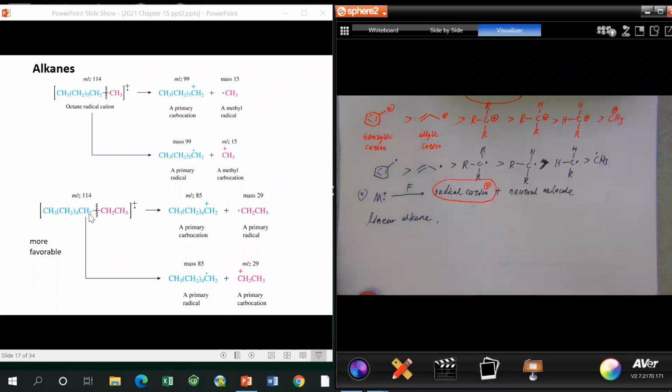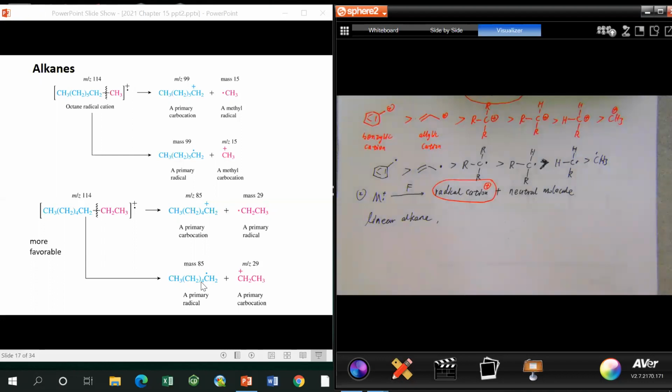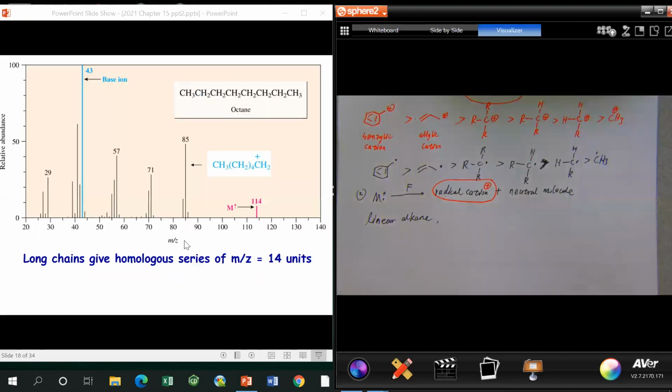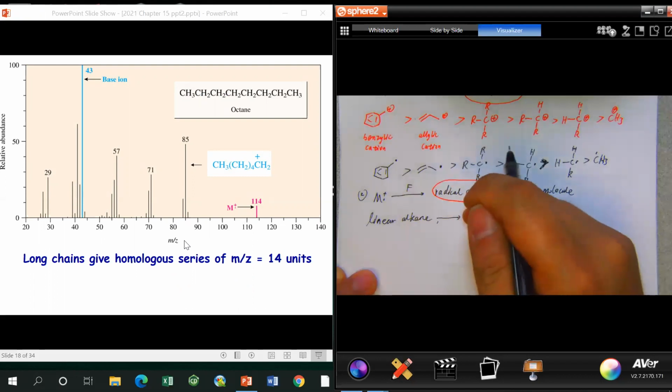But if you break the bond in the middle of the carbon chain, you can generate a relatively stable primary carbon cation and also a primary radical. So primary is more stable than the methyl carbon cation and also the radical. And so for the linear alkane, quite often you see what we call the ladder pattern of the fragmentation.